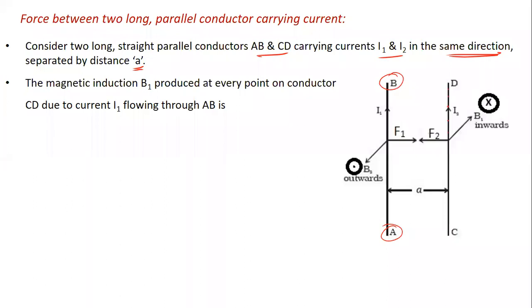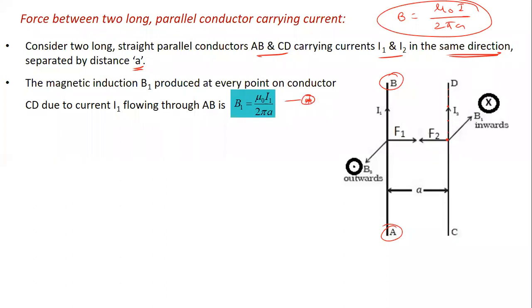How much magnetic field does it produce? We get that magnetic field by using the formula mu 0 I divided by 2 pi A, if the distance is A. By using this formula we can write the magnetic induction B1, produced by conductor 1, is equal to mu 0 I1 divided by 2 pi A. You can see this formula. So this is the magnetic induction B1.